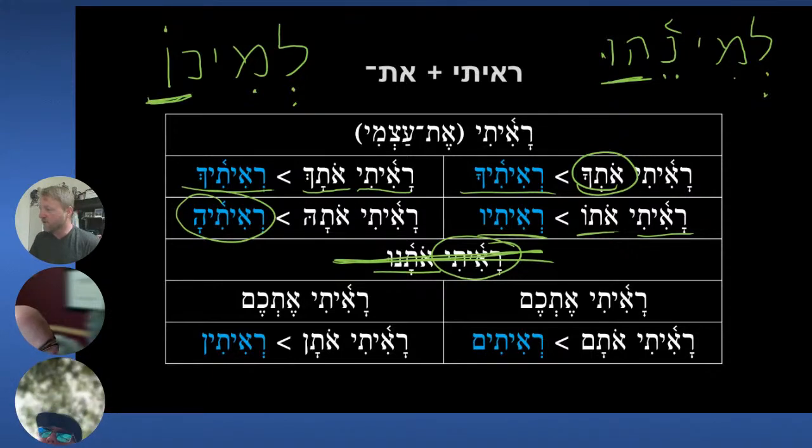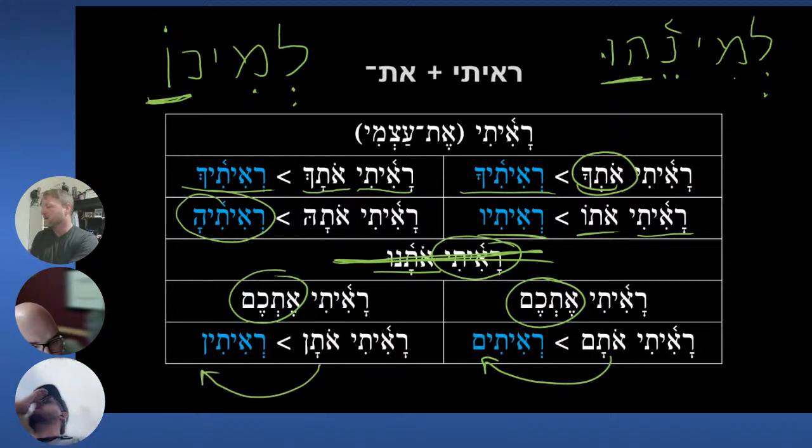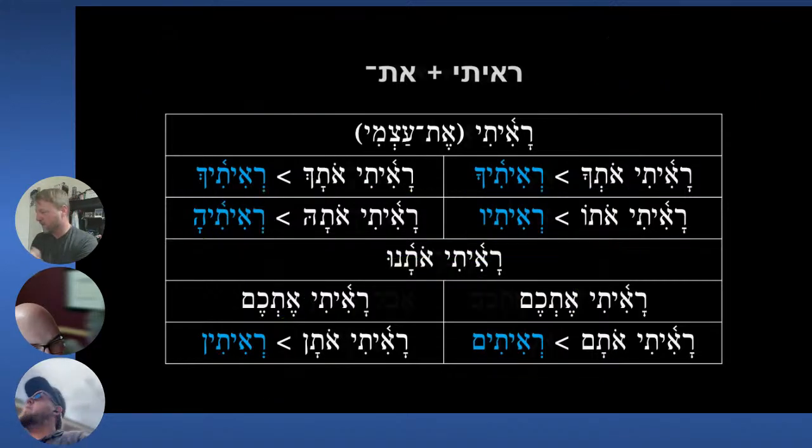But it still feels very strange to say, I saw us in Hebrew. Again, we're going to ignore etchem and etchen and just say ra'iti etchem, ra'iti etchen. And then otam becomes and otan becomes So re'itim, re'itin. Okay, that's basically how it works out.